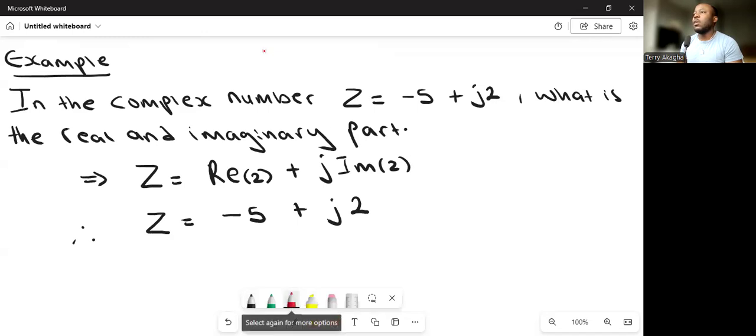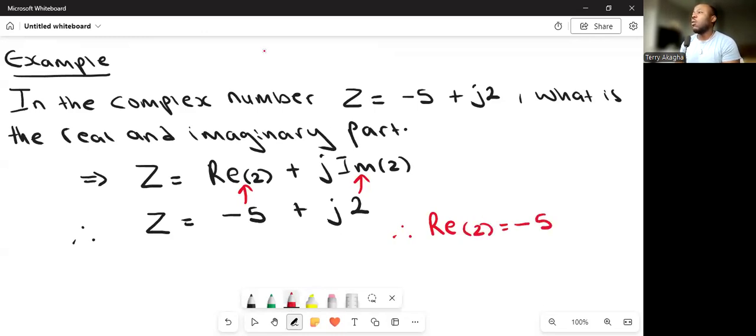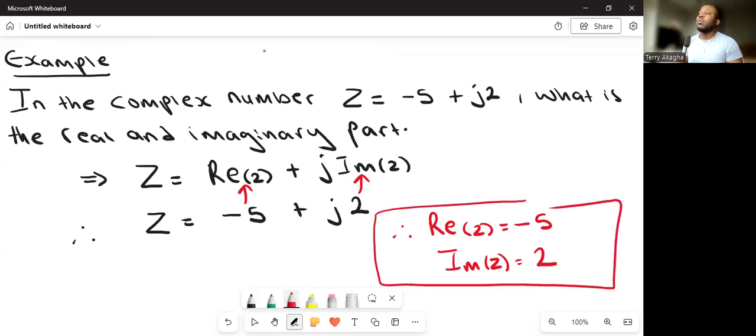The real part is -5, and the imaginary part is 2. So the real part of this complex number is -5, while the imaginary part of this complex number is 2. That will be the answer for that.